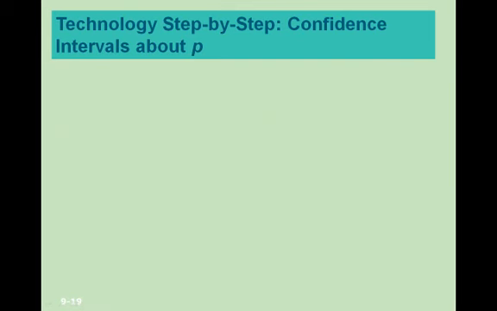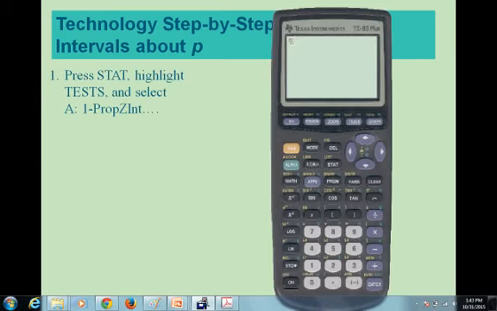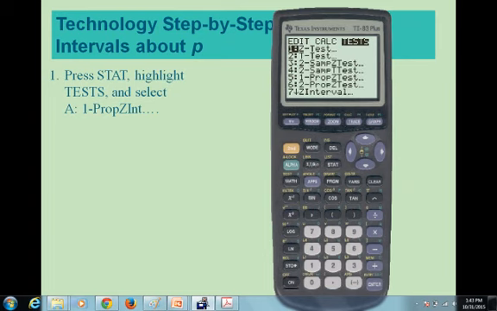Now let's look at that last example using the calculator to calculate our confidence interval. So the first step, we're going to press stat and arrow over till we highlight the tests category. Then we want to arrow down till you see the header A for 1-PropZInt, and then hit enter.